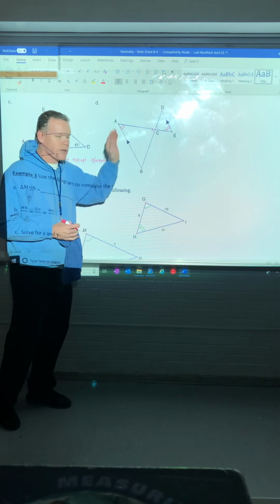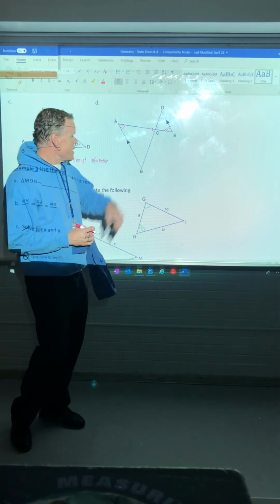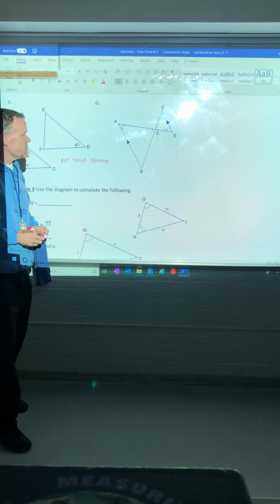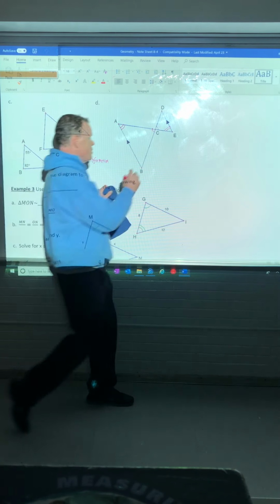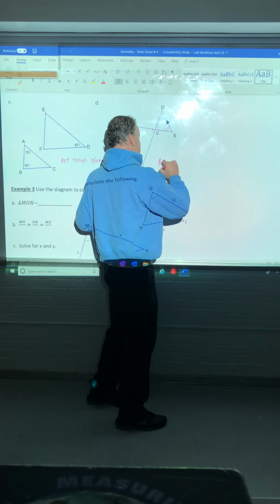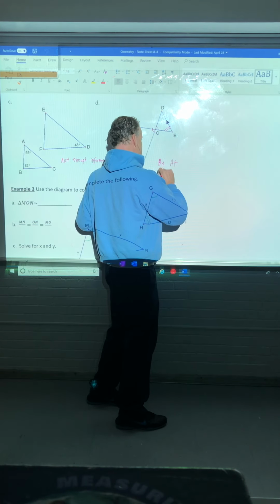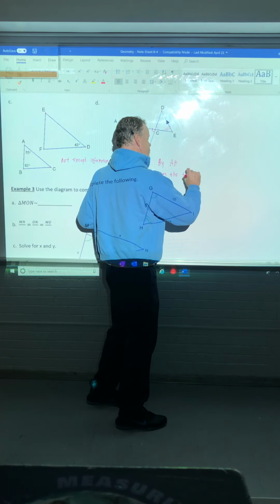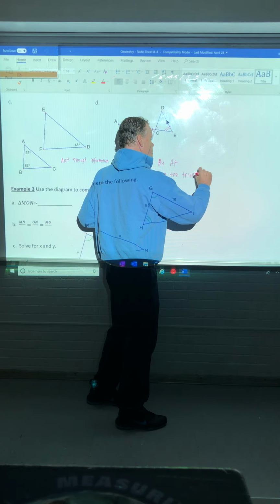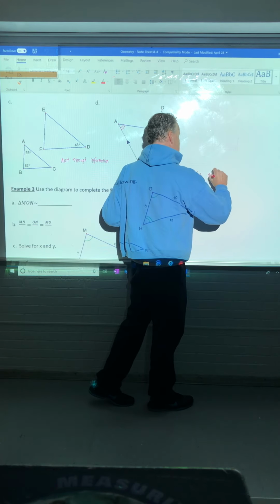You've got two parallel lines; the arrows indicate these are parallel lines. So this is going to be similar by the AA postulate. Yes, the triangles are similar.